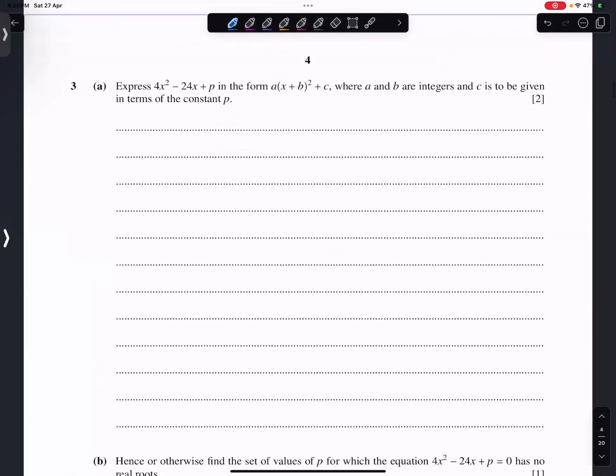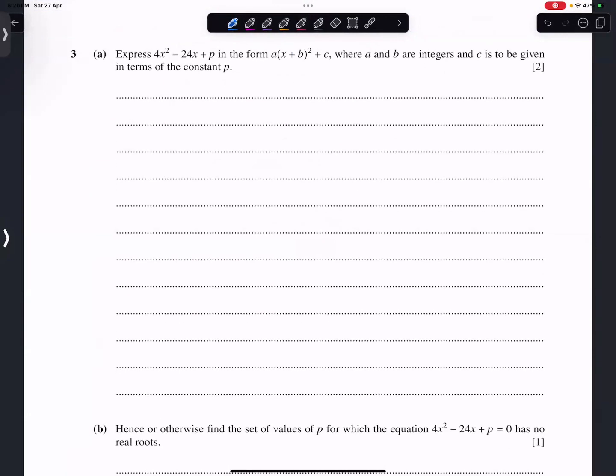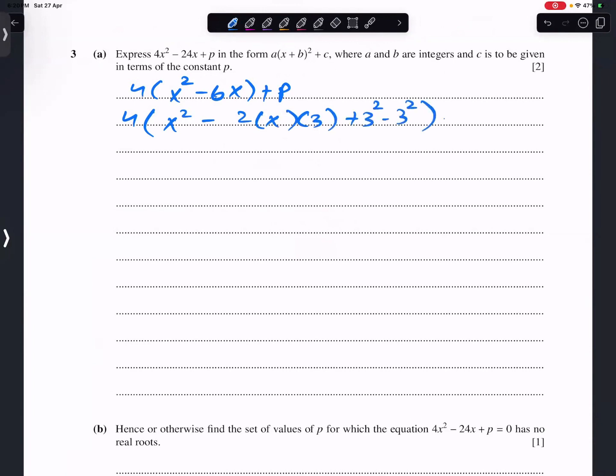Next question is express this in completing square form. So let's take 4 common. x square minus 6x plus p. 4 into x square minus 2 times x times 3 plus 3 square minus 3 square plus p. 4 times (x minus 3) whole square minus 9 plus p.